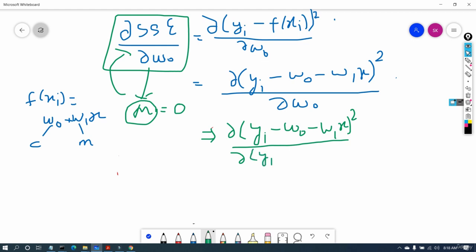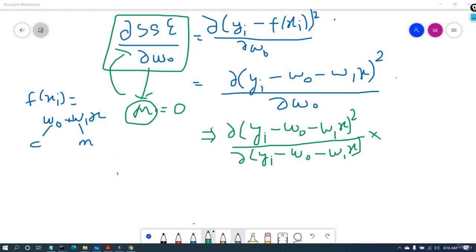Let's do the chain rule, yi minus omega naught minus omega 1 x, and again multiply it with the partial derivative of the same terms, yi minus omega naught minus omega 1 x with respect to omega naught.